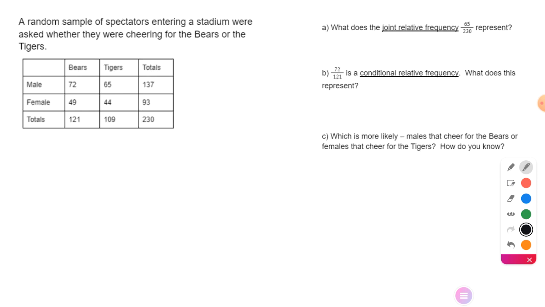Next one. So now we've got some spectators entering a stadium, and they're deciding whether they want to cheer for the Bears or the Tigers. So letter A, what does the joint relative frequency 65 over 230 represent? So 65 represents males rooting for the Tigers out of 230 the total.